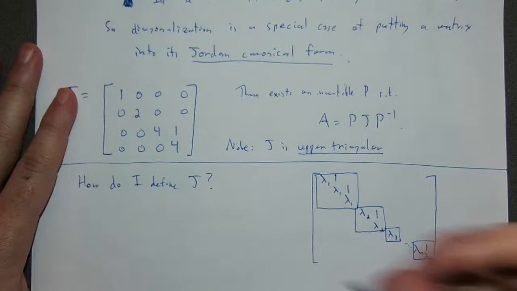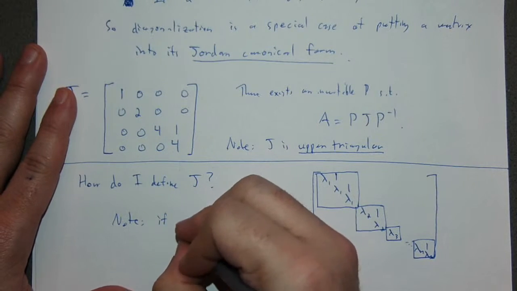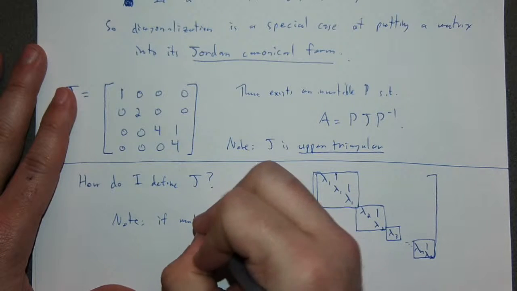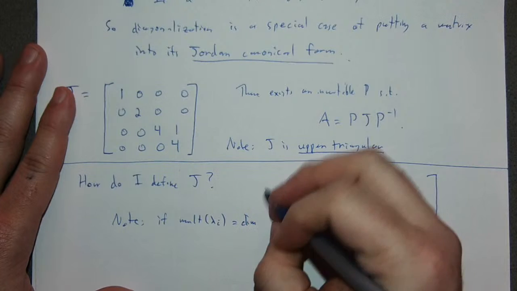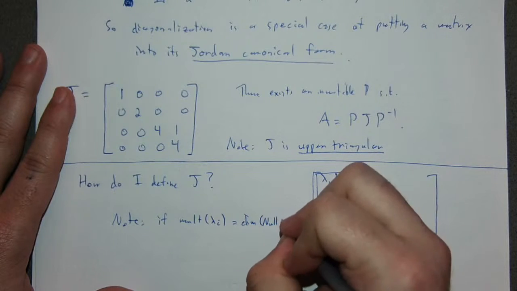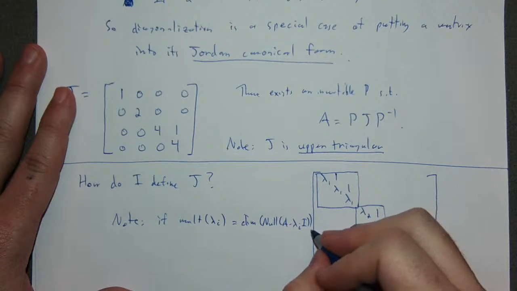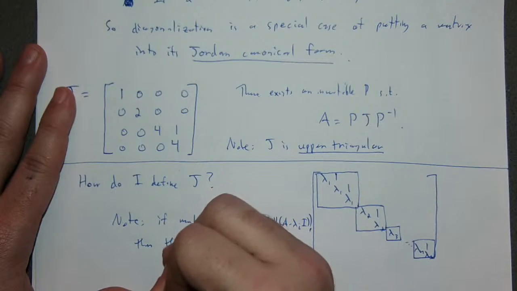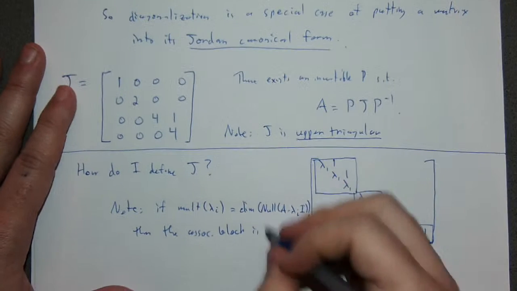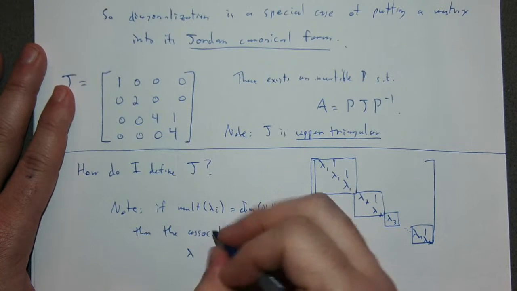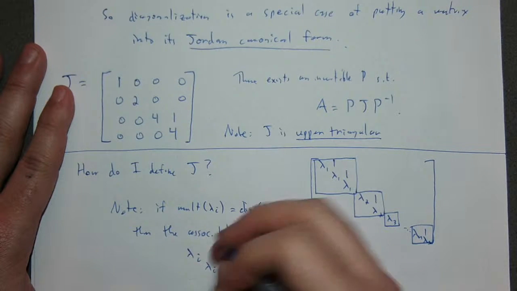If the multiplicity of some lambda i is equal to the dimension of the eigenspace, okay, then the associated block is lambda i, whatever your multiplicity is, and then zeros.